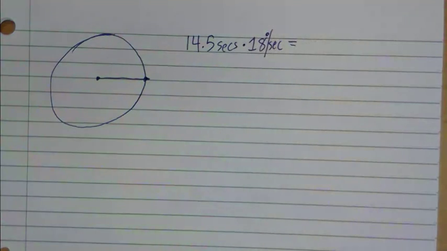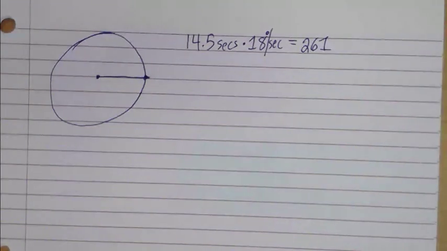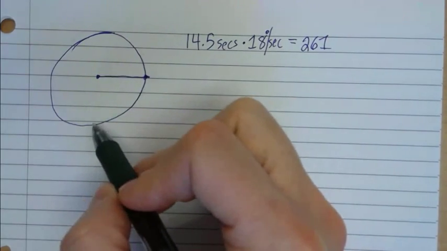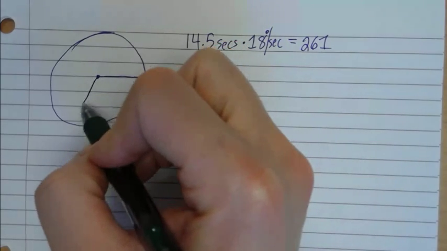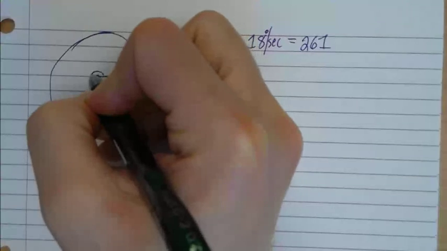And that means we'd be a total of 261 degrees around the circle. So if we drew that on here, 3/4 of a circle is 270. So we'd be just short of that down here. So we'd go all the way around like that.